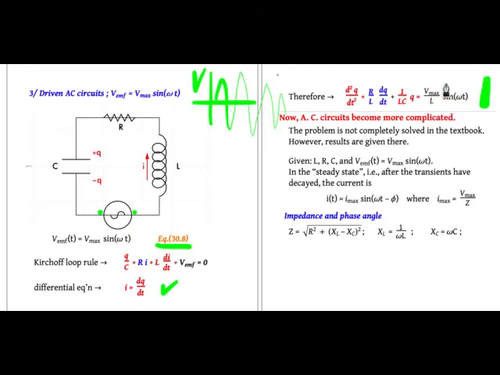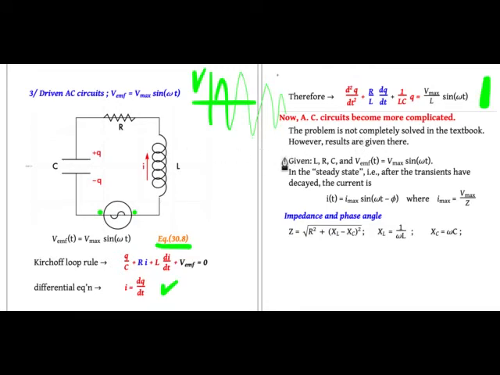You have to add a particular solution, which will be the steady state solution, which is oscillating. And you have to add to that also a solution of the homogeneous equation. That'll be damped, so those will be the transients. There's a bit of calculus to go through here. It's not completely solved in the textbook, but the results are given. So in the screencast I'll just show the results.